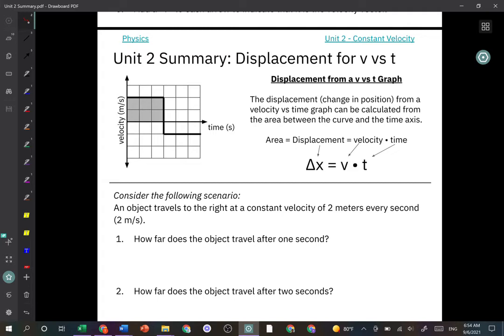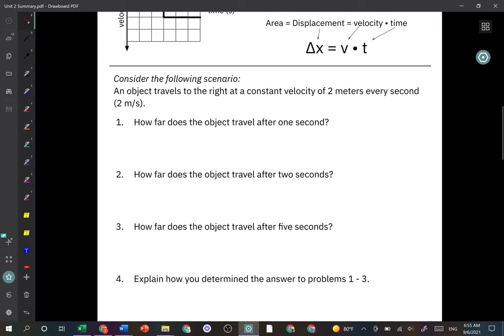But before we even start worrying about our velocity versus time graphs, I would like you to consider the following scenario. An object travels to the right at a constant velocity of 2 meters every second. So our velocity is going to be 2 meters every second.